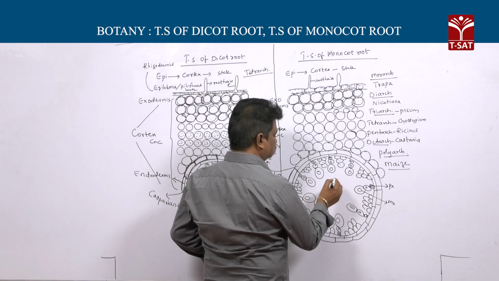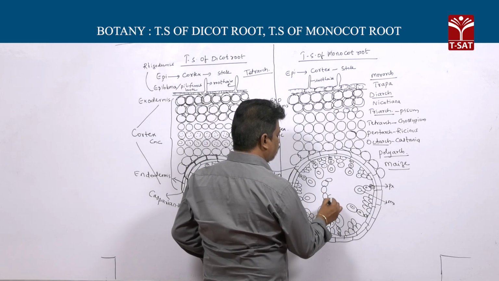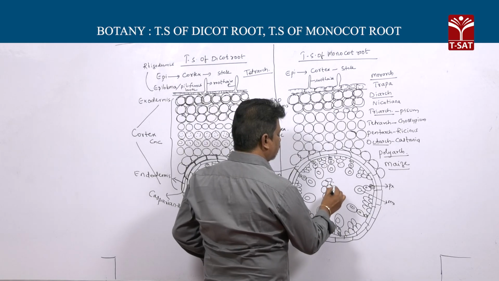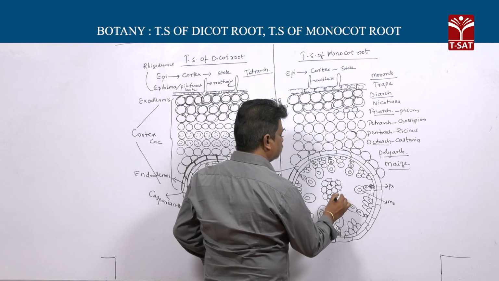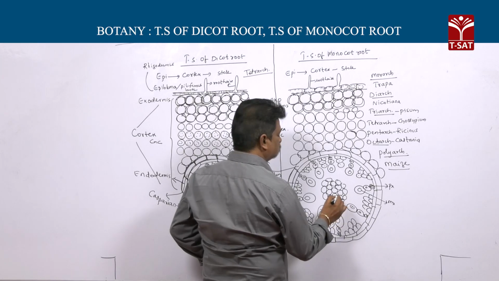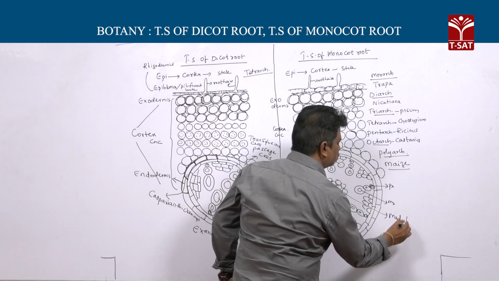Then in monocot root, medulla is enlarged, and it is parenchymatous in young root.